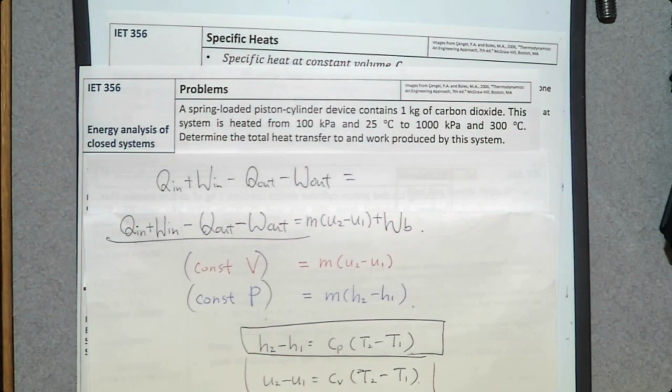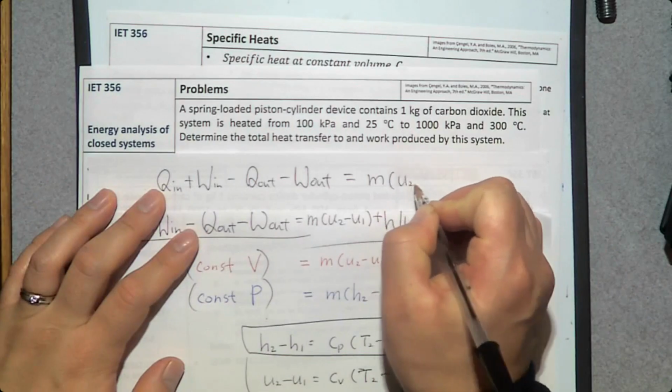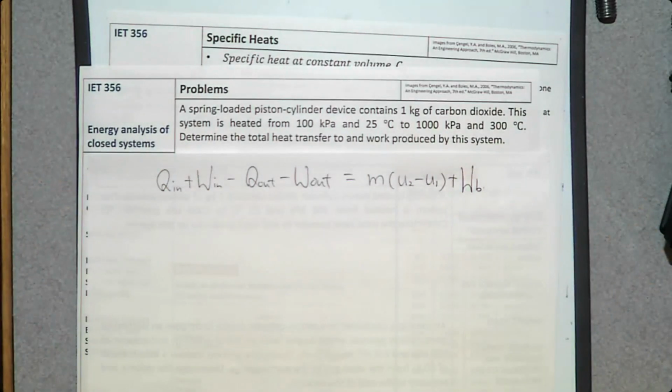This one is constant volume, constant pressure, none of them. So which is the case? Constant volume? No. Constant pressure? No. So we are going to use the first one. Mass times U2 minus U1 plus moving boundary work.